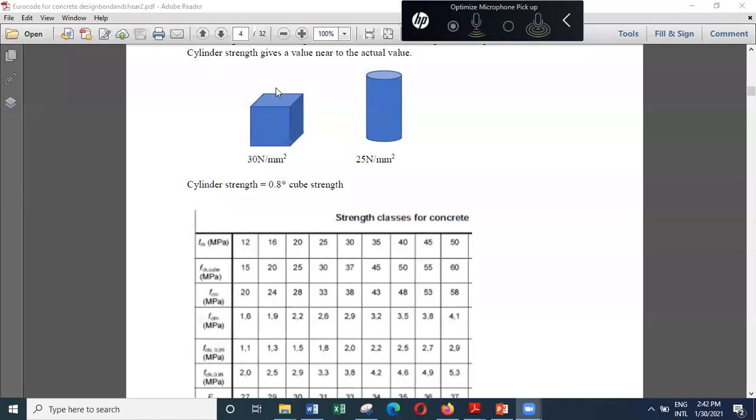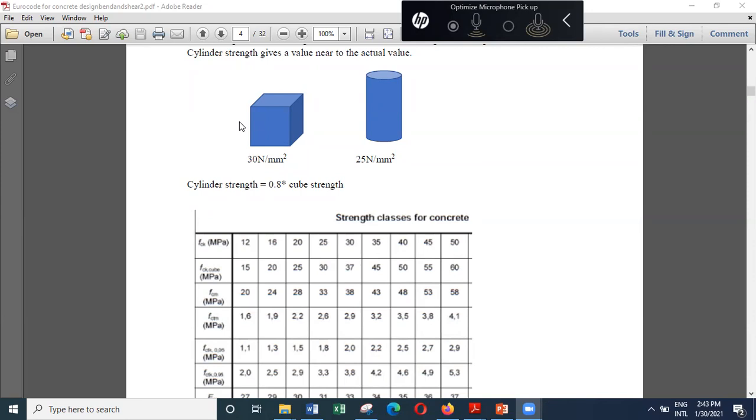Then what happens is, due to the presence of these steel plates, the effect of this nu times sigma would be reduced. So finally, you will end up with a concrete with a higher strength than the actual strength that you get in the real structure.